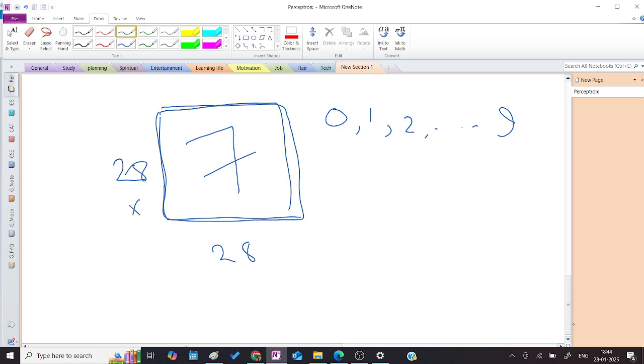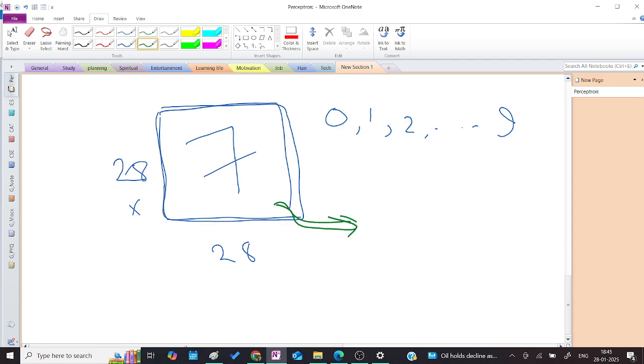One more thing. For every pixel, we know the gray value is of 8 bits.